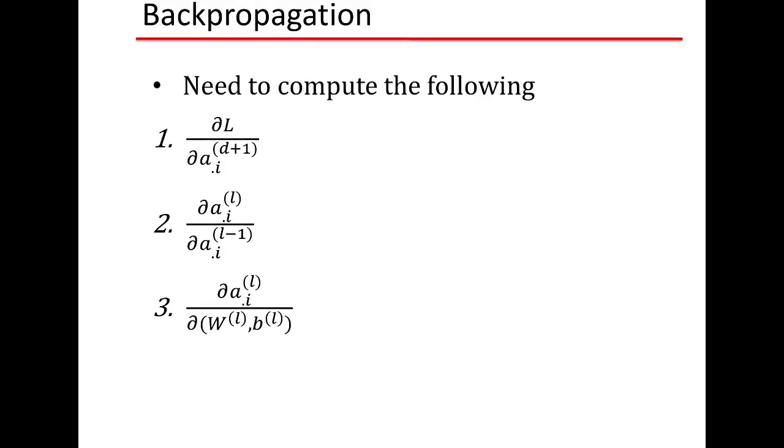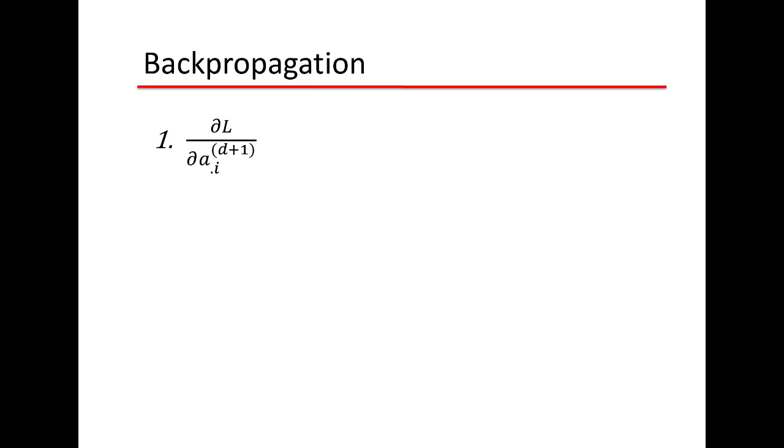Let's look at the second term here, which is the derivative of A_L with respect to A_(L-1) and of A_L with respect to the weights at that layer. So what's the formula for A_L? Can somebody help me write this formula? A_L equal to H of Z_L, okay.